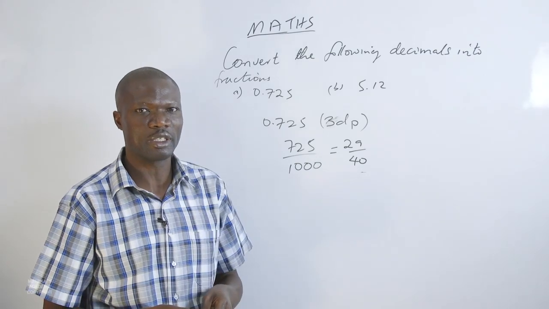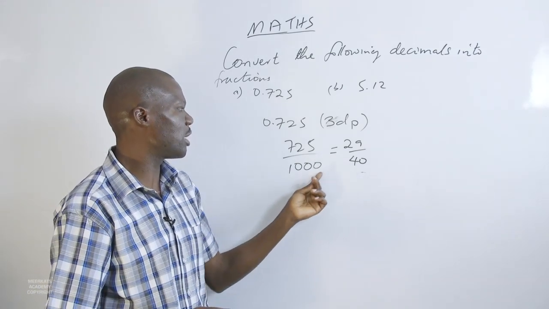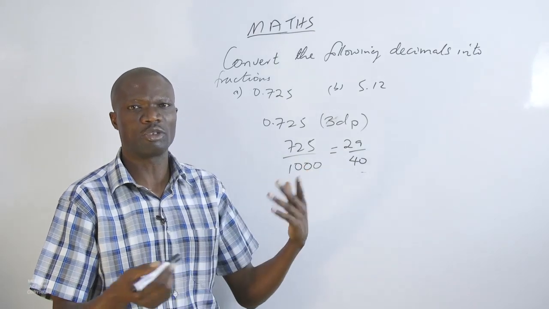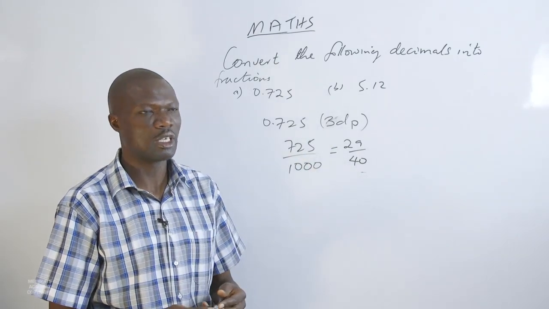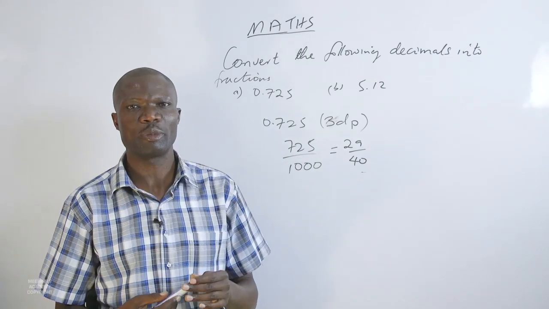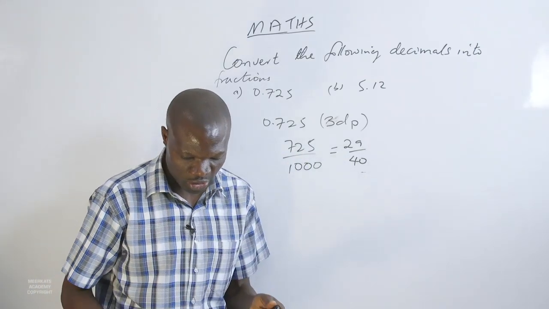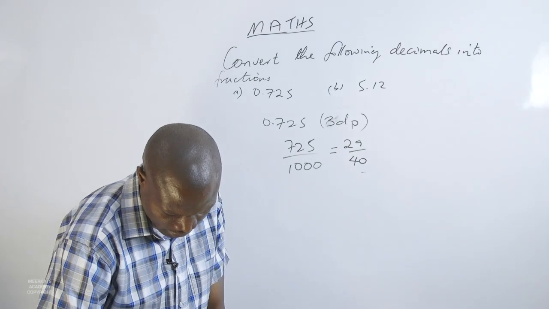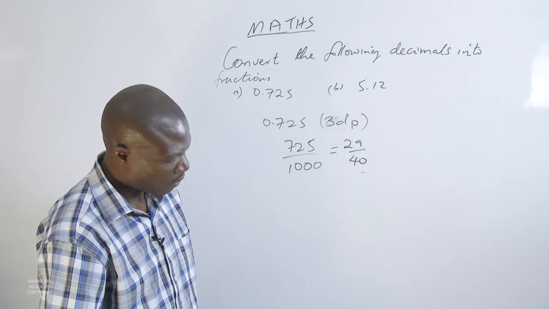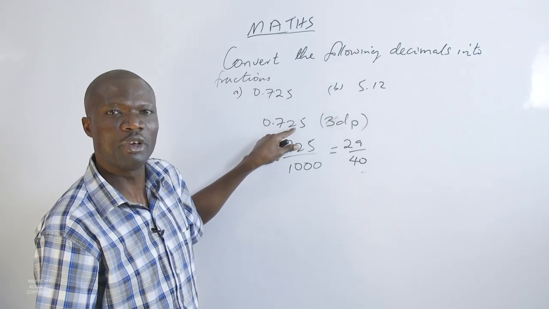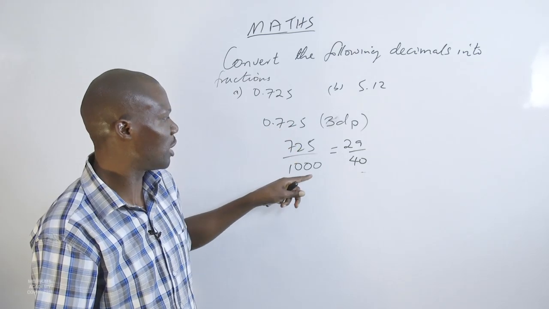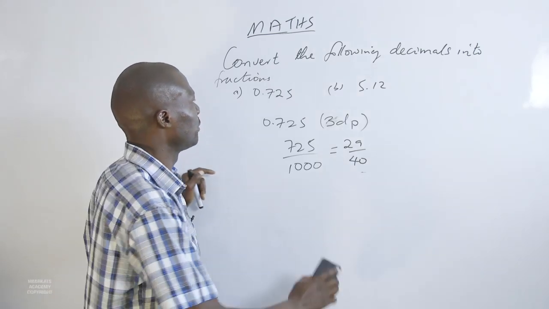For this case, the highest common factor is 25. So 1000 divided by 25 is 40, and 725 divided by 25 is 29. So for this one, we counted the number of decimals to give us the number of zeros, and then we simplified.